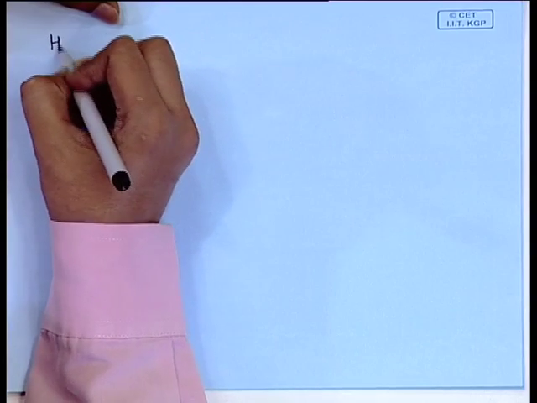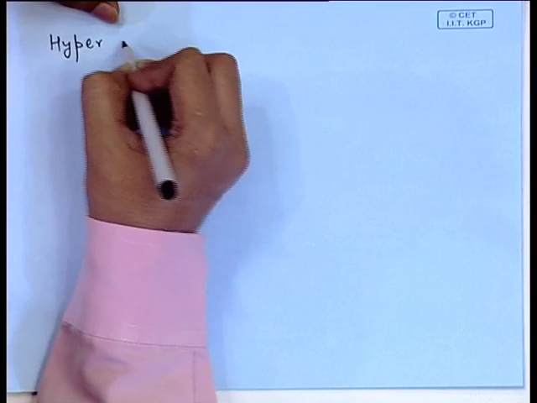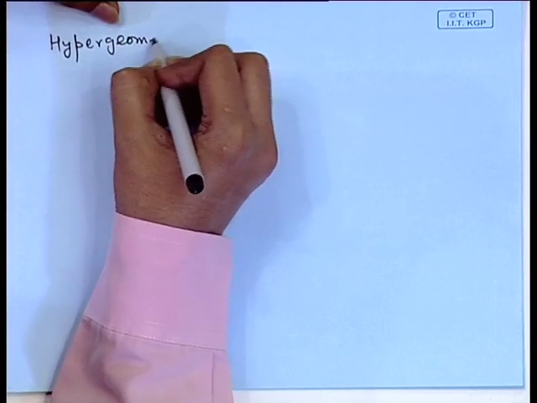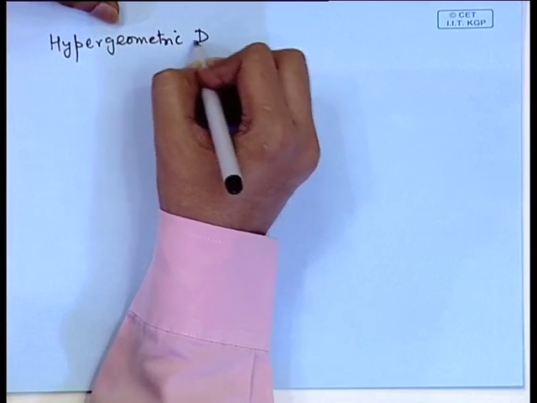Now, the distribution of the number of successes, or the probability of selecting one type of persons or one type of items in finite population models, is described by the hypergeometric distribution. So, let us consider this hypergeometric distribution.